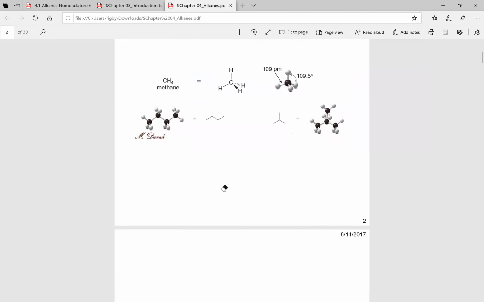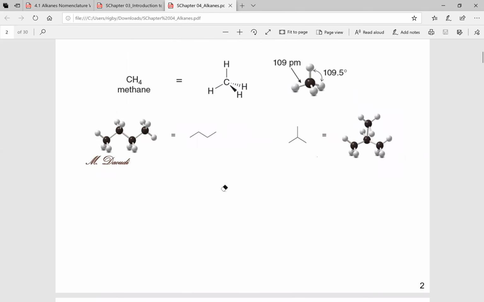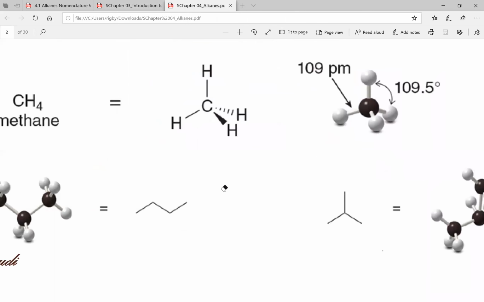Something important to note is how we draw alkanes, alkenes, alkynes in the 3-dimensional structure on a 2-dimensional piece of paper. We're going to draw it like this, where this solid wedge is something that's coming out of the screen towards us, and this dashed wedge is something that's going into the screen away from us.